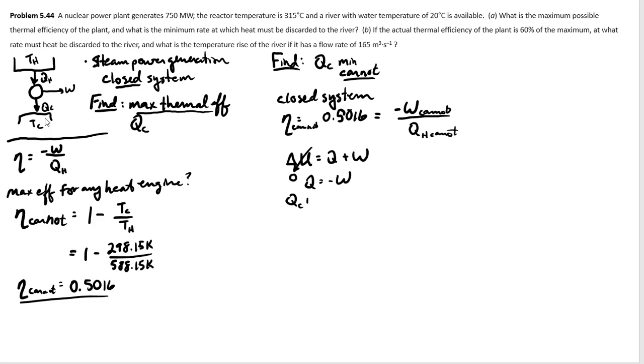Q is equal to QC plus QH, and that's equal to minus W. All right. So this is all for Carnot engines. Remember, we're sticking with Carnot engines for this process. So what I can do then is plug in my 750 megawatts, calculate QH, and then from there I can calculate QC.